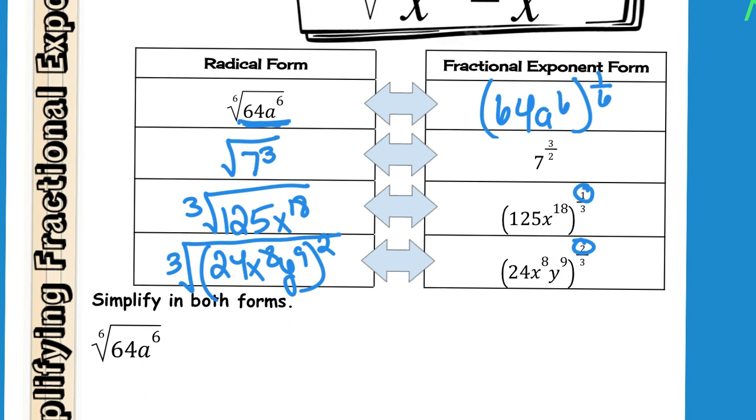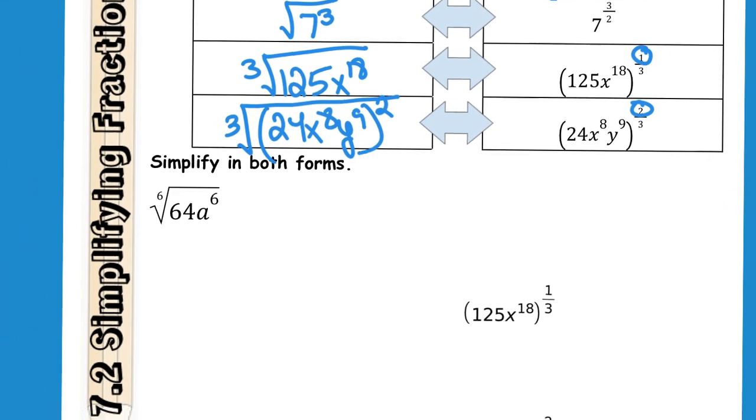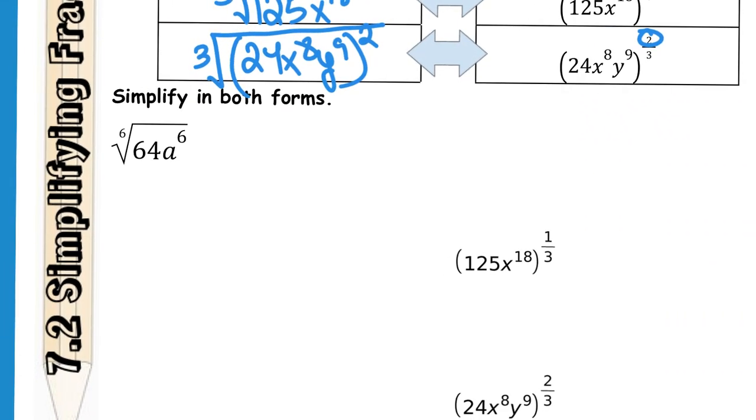In most cases, I prefer to work with the right side for simplifying. I find having it in exponential form is by far easier than that radical that does absolutely nothing for me. So the first one, we're going to do what we've been doing. I've got a 6th root, which means I'm looking for something that repeats itself 6 times.